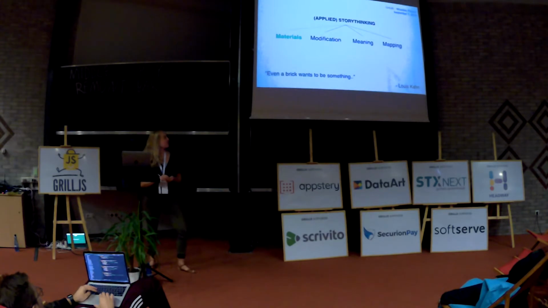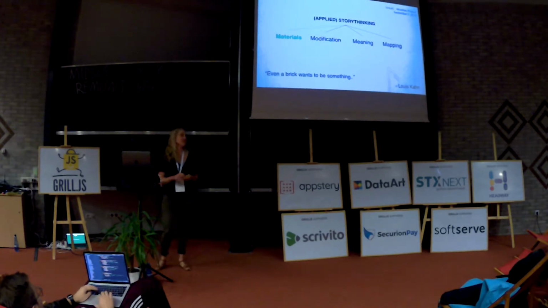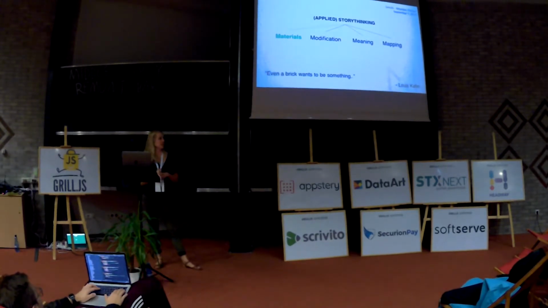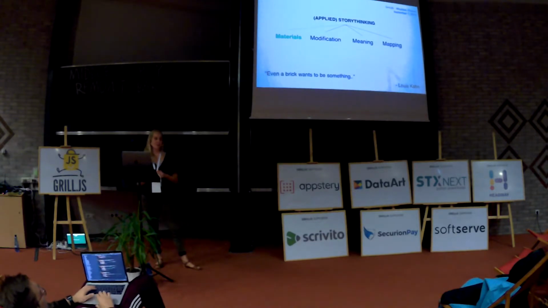So to start with the first one, materials. Materials is basically what it says it is. It's everything we have to work with. So I could have called this elements or factors, but these are basically, when you look at a basic chart, a basic graph, you get shapes, circles, bars, lines, but it's also everything in between those shapes.